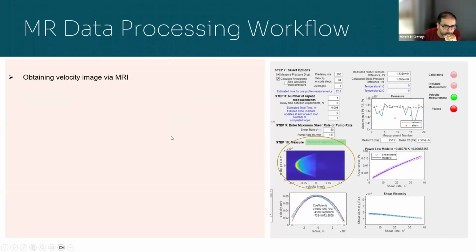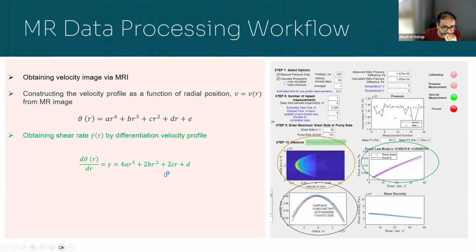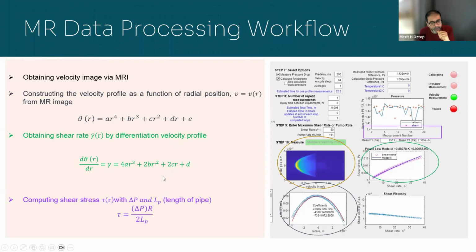The velocity profile is in fact fitted with a quadratic equation, and then we obtain shear rate by differentiation of the velocity profile. This is usually the approach utilized in the literature. And this equation for the shear stress comes from the Hagen-Poiseuille law.